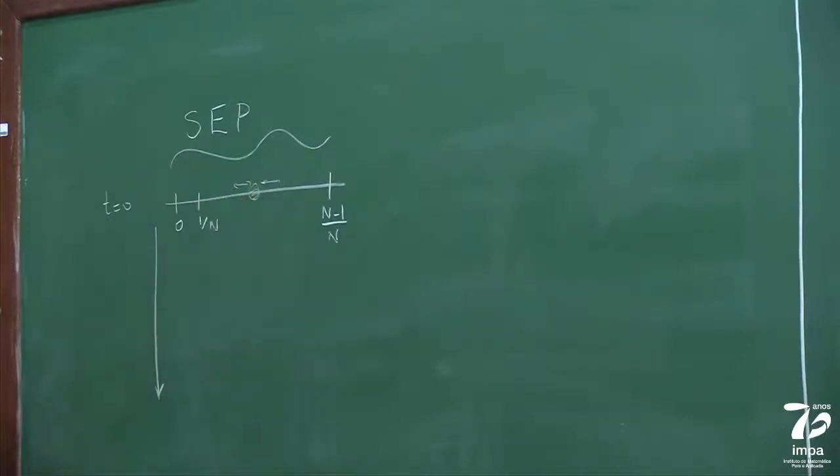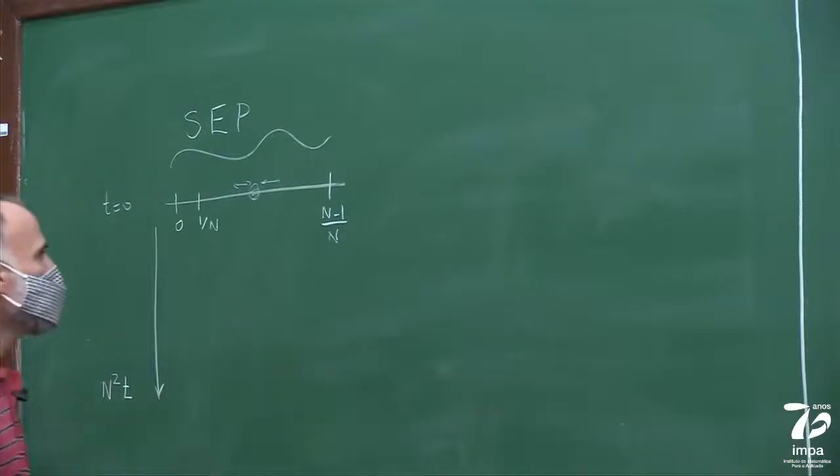So it's what we are observing, it's a symmetric evolution. So from what we have seen yesterday, we expect that we'll need to rescale time by n squared in order to observe an evolution of the density. And this is our goal.